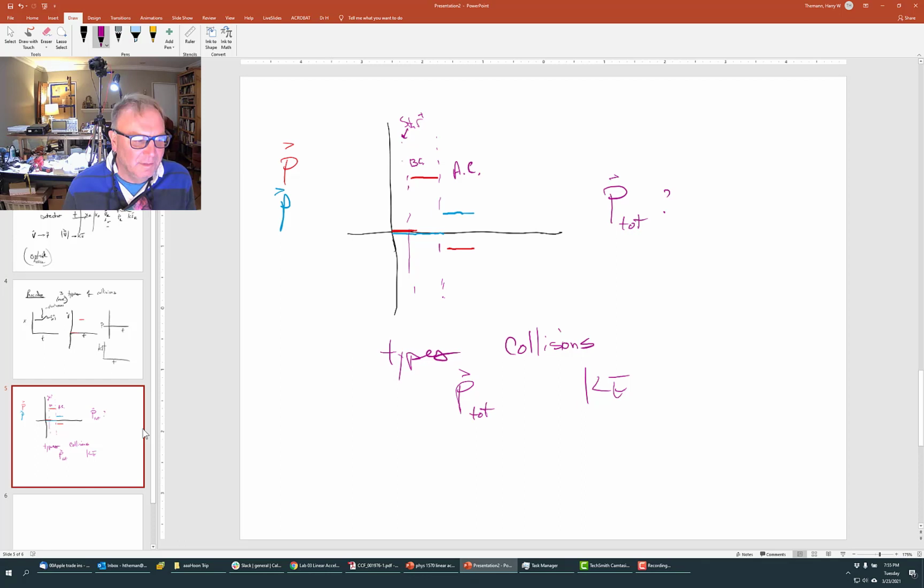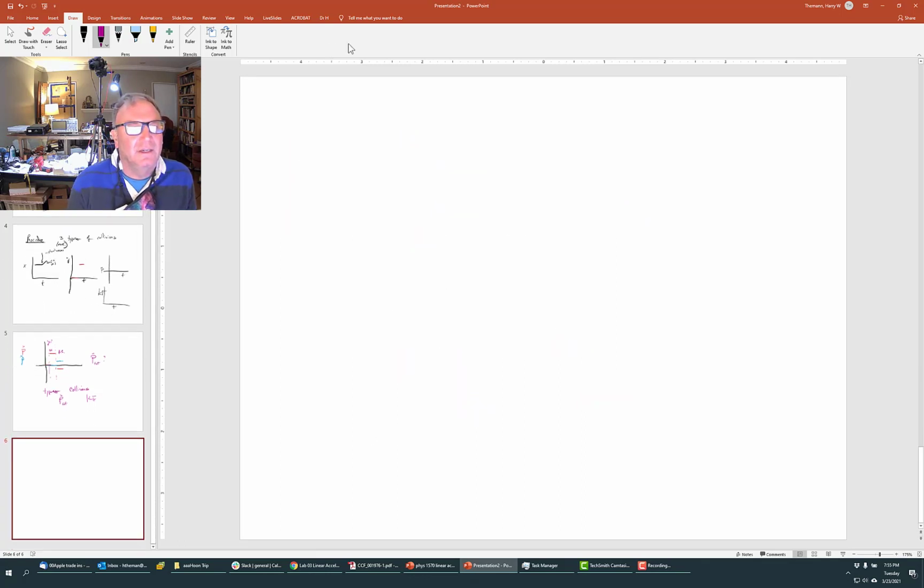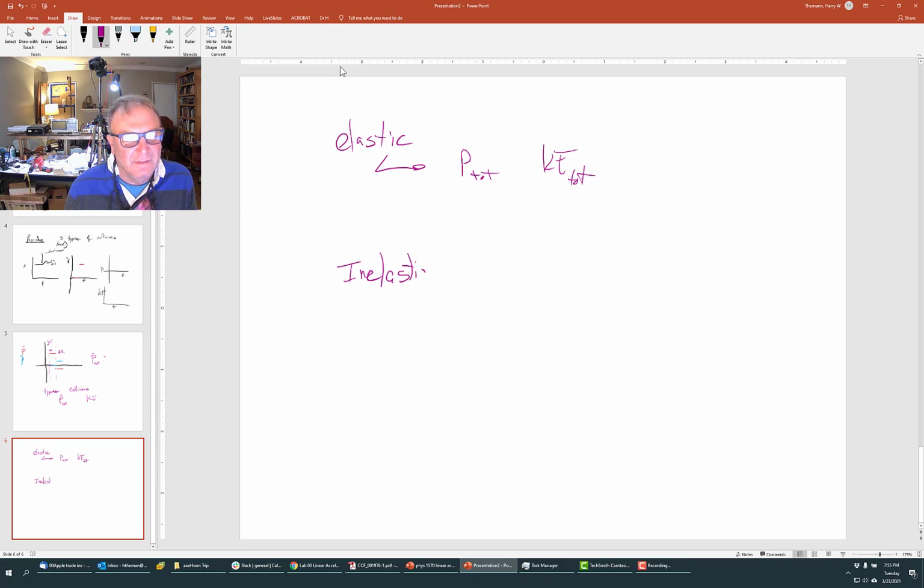So then you can say, okay, we're going to say that when they bounce off, it's elastic, and we notice P total and KE total do this, and we're going to say that inelastic is when they stick, and what happens when they stick? P total and KE total.